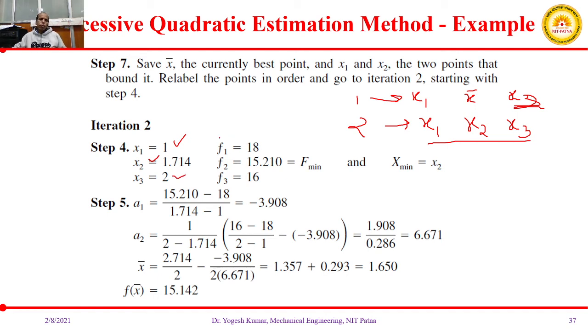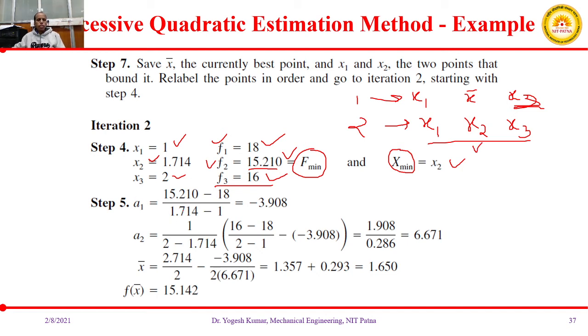Let us now calculate the corresponding values of your functions. f1, which we already know, is 18. Then the value of your function at x equal to 2, this we already know, is 15.210, and f3 is equal to 16. Which one is having the minimum value? Obviously your f minima is having the minimum value, and x minima is put equal to x2.